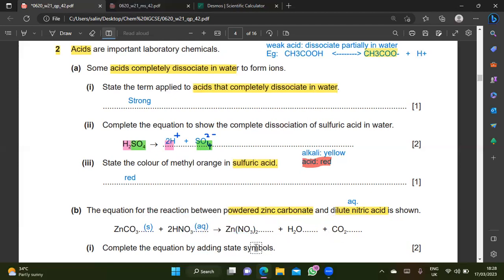Now zinc nitrate, any salt, is in aqueous. Zinc nitrate is a salt, aqueous. Okay, carbon dioxide, of course, is a gas. You see, 2 marks just for this, yeah? It's a very easy question.